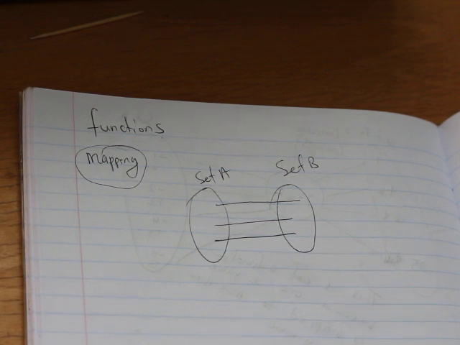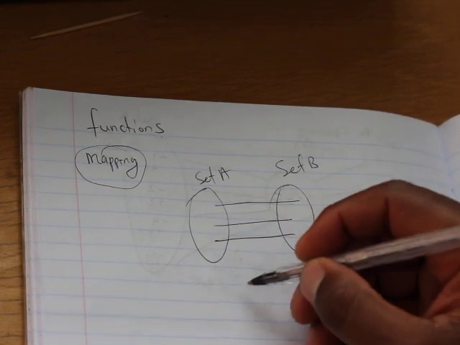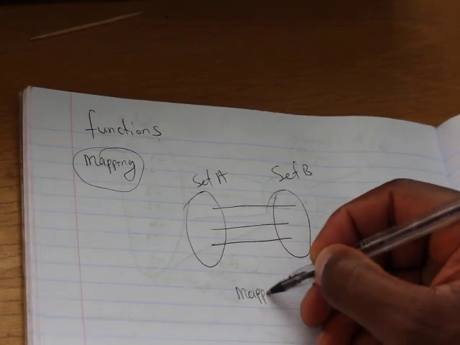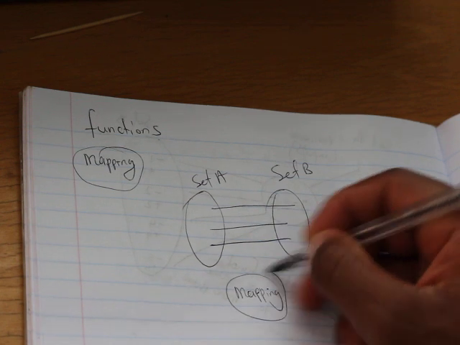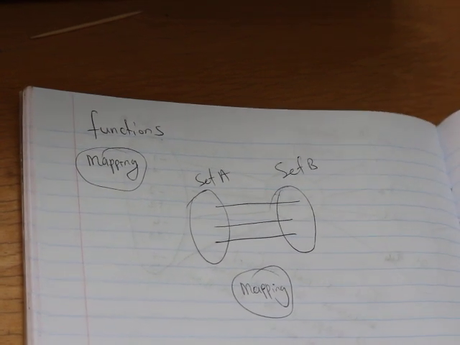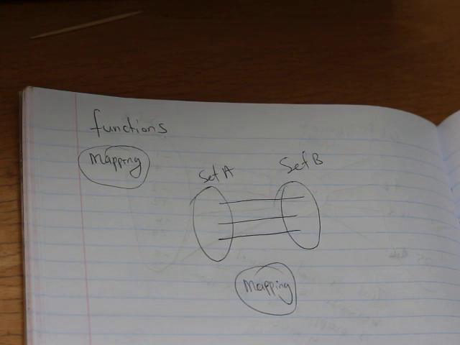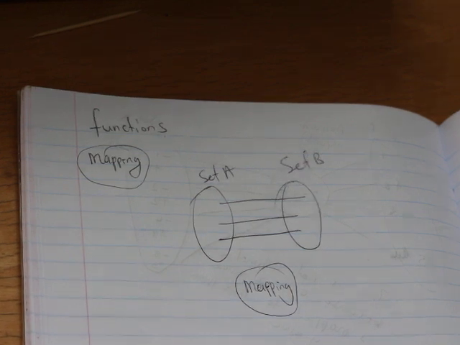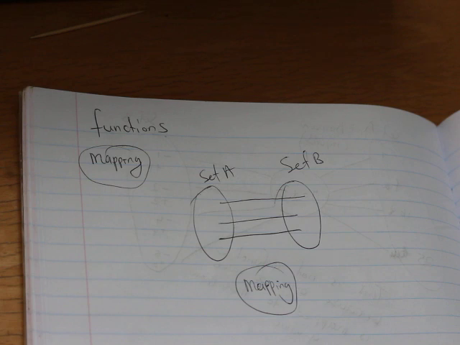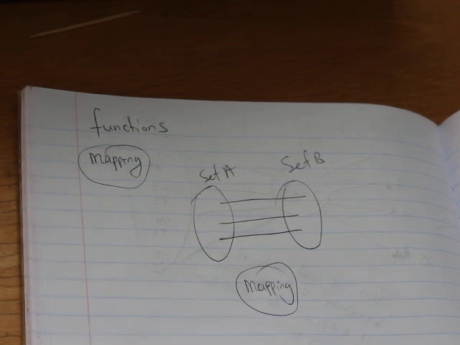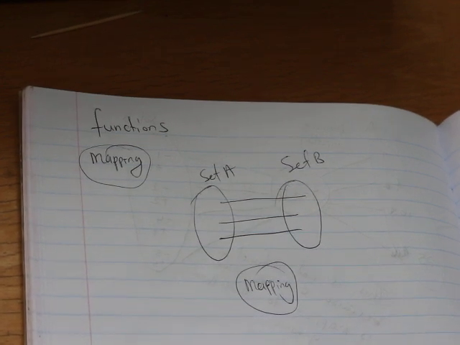But obviously this entire thing, we'll just call it a mapping, because there isn't enough information for us to conclude that this is a function or not. All right, so that's that.